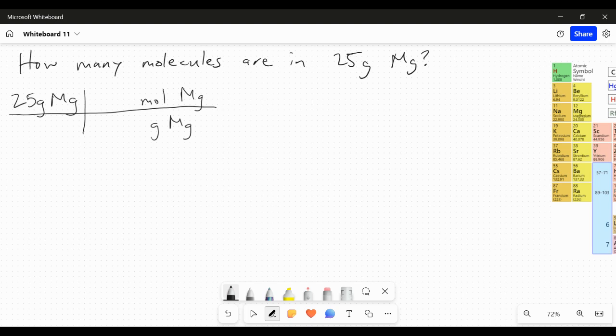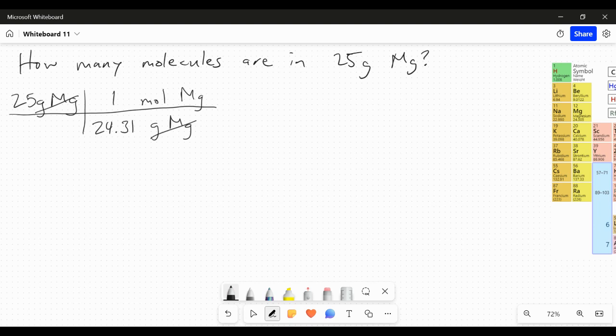Now, the relationship between moles and grams is 1 mole is equal to the molar mass. The molar mass for magnesium is 24.31 grams. Cancel out my units, and now the only unit I have left is moles.